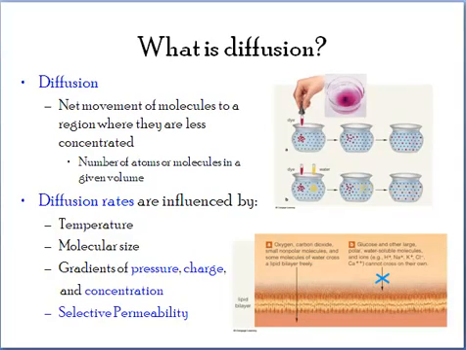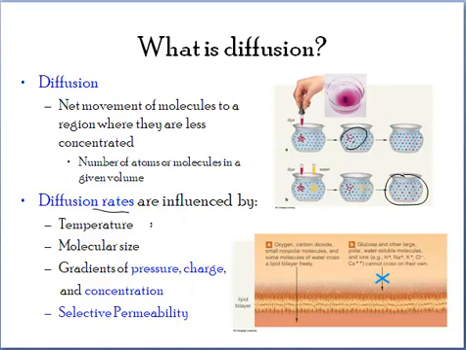So let's look at diffusion in more depth, as the image shows here. You can see the ink drop being added to the water, and you can see how the molecules are dispersing from an area of higher concentration to an area that has none, and eventually you have a uniform consistency. The diffusion rate is dependent on temperature.